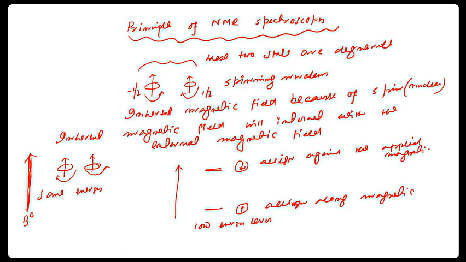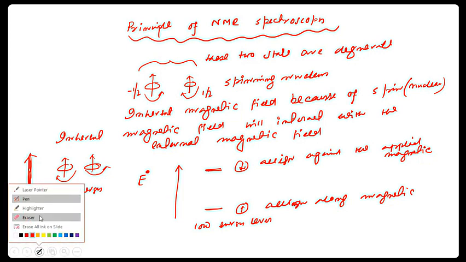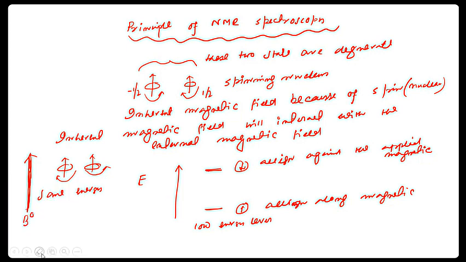So basically a simple phenomenon happens. This is the energy axis, and here we have applied our external magnetic field. These two states, plus half and minus half, were degenerate, and they have some inherent magnetic field because of spinning along their own axis.